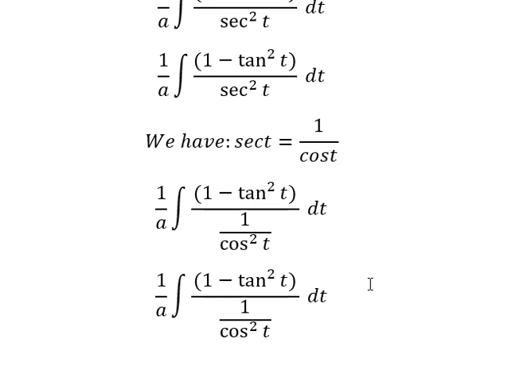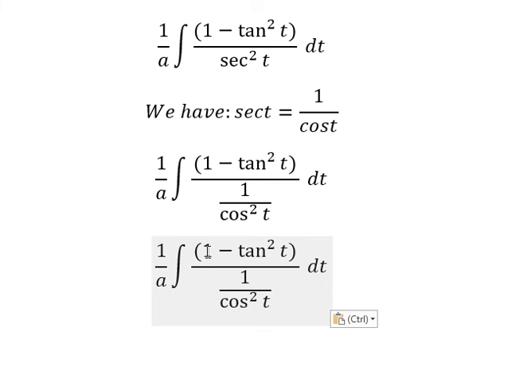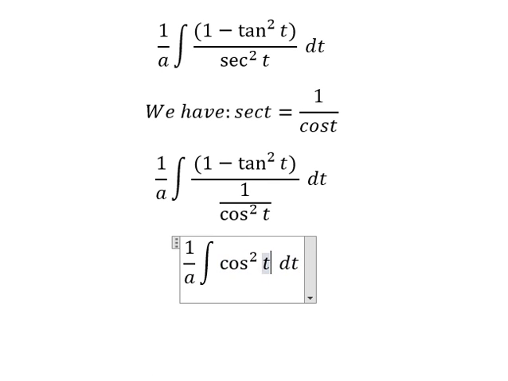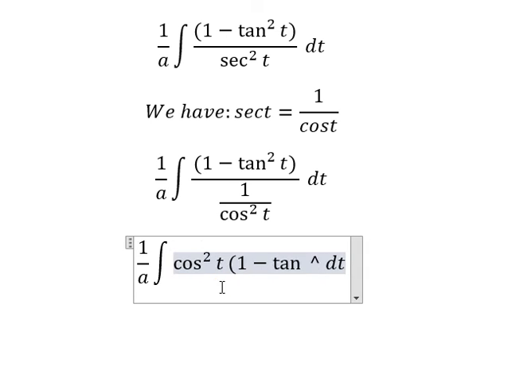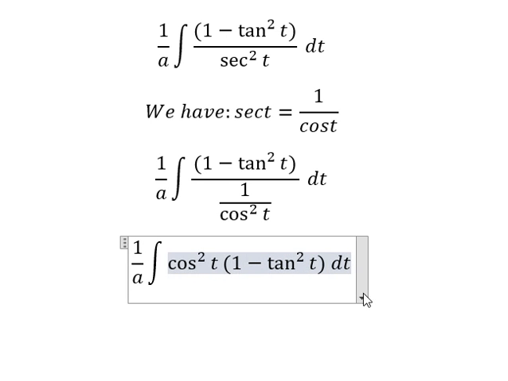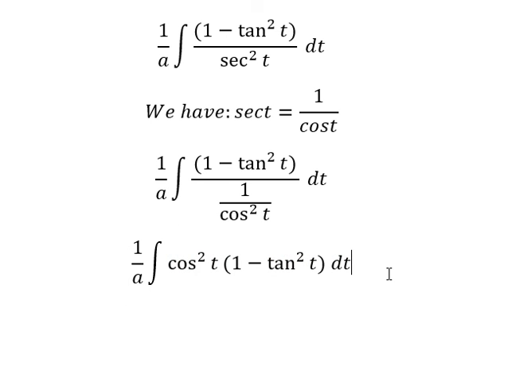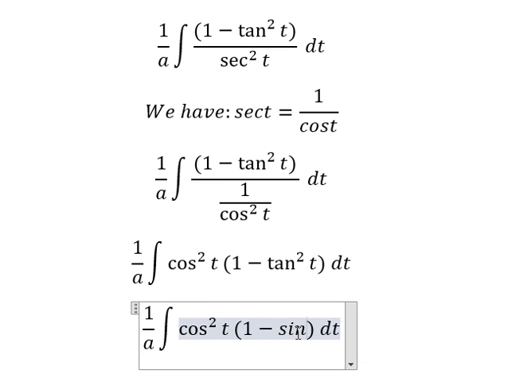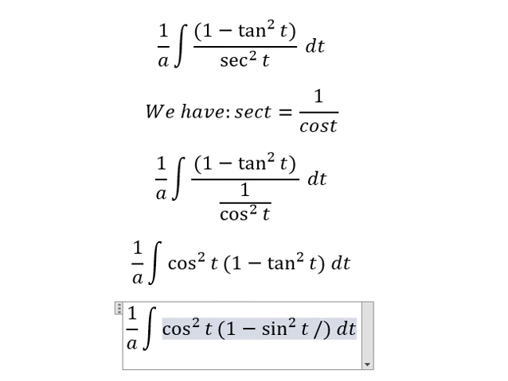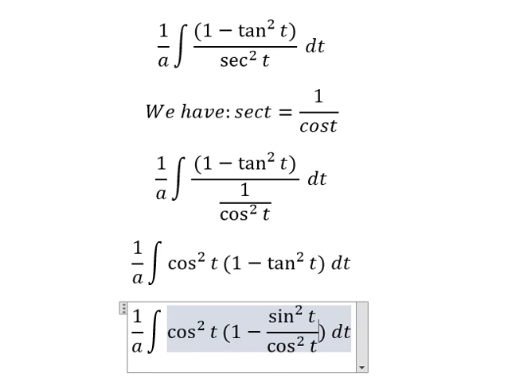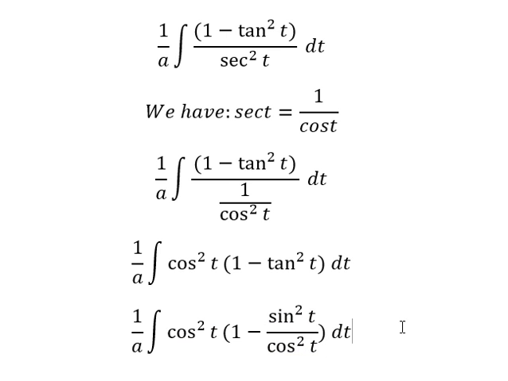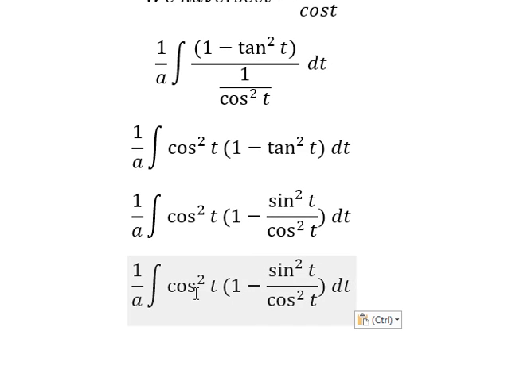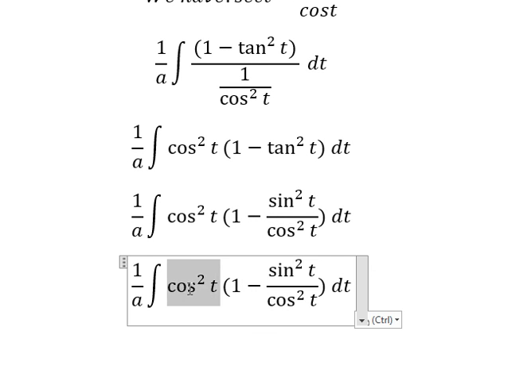And now cosine t square will go in here. Next, tan t square is sine t square over cosine t square. And now cosine t square multiplied by number 1 and this one.